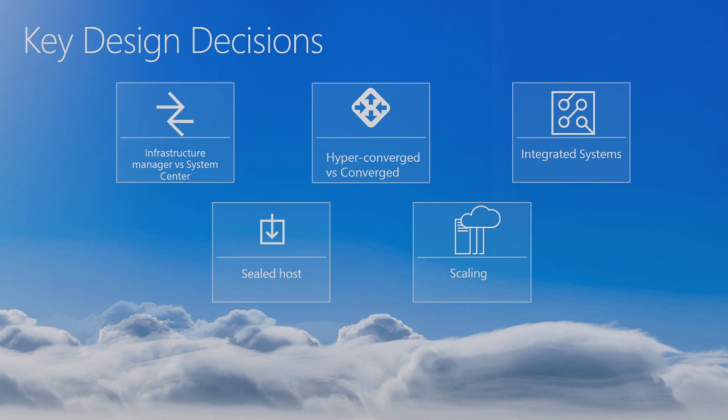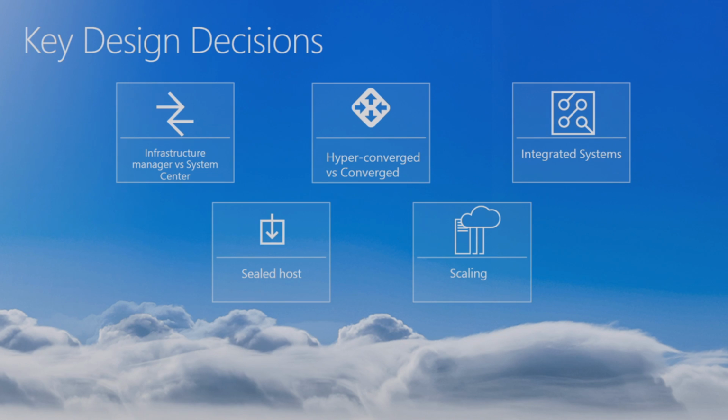We then had to make a decision about whether we're going with hyper-converged versus converged, right? And this hyper-converged versus converged really points to whether you're disaggregating the storage or you're actually putting storage into the compute nodes. We look, again, we have a lot of good insight and information about the industry trends, where is storage heading, where is networking heading.